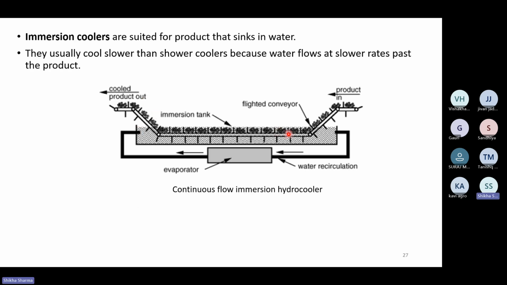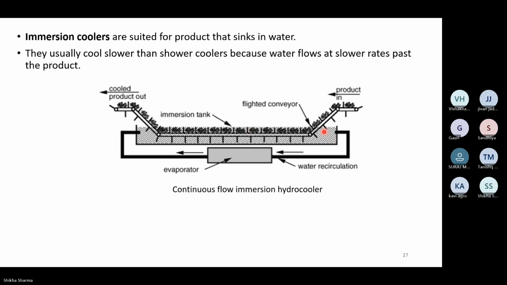In an immersion kind of system, there will be a water bath. It is used for products that sink in water. So products with high density, density more than water, can only be used in this type of immersion cooler. They usually cool slower than the shower cooler because water flows at a slower rate past the product.